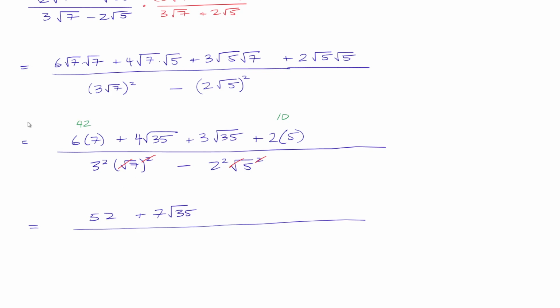Then 3 squared over here is 9, and 9 times 7 is 63, minus 2 squared, which is 4, and 4 times 5 is 20. So I end up with (52 + 7√35) all over 43. And that's my final answer there.